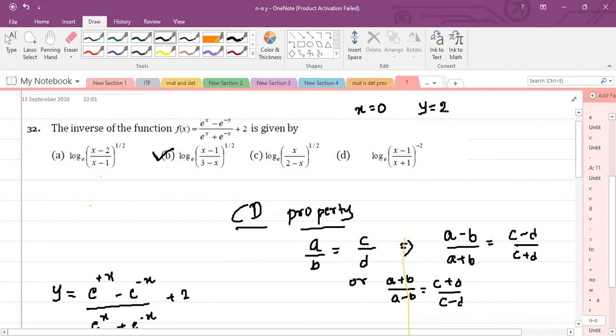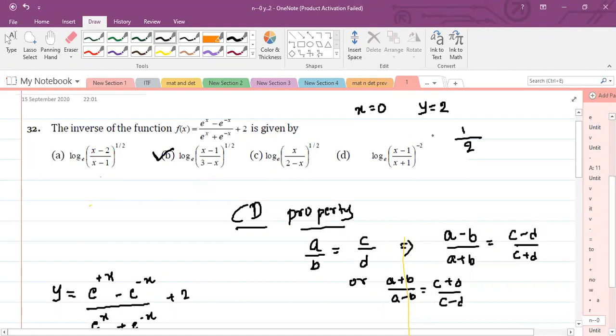Now, by substituting y is equal to 2 in the options, you should get x is equal to 0. See this option, option B. So 2 minus 1 is 1, divided by 3 minus 2... so the x value is 2, and the denominator is also 1.